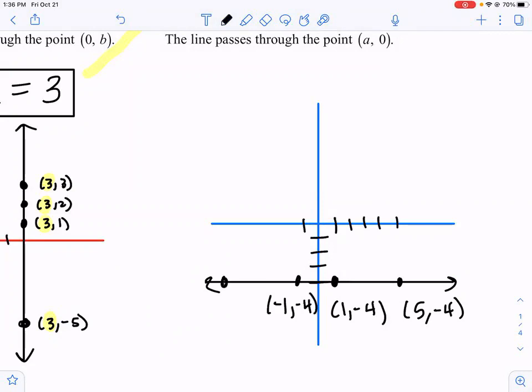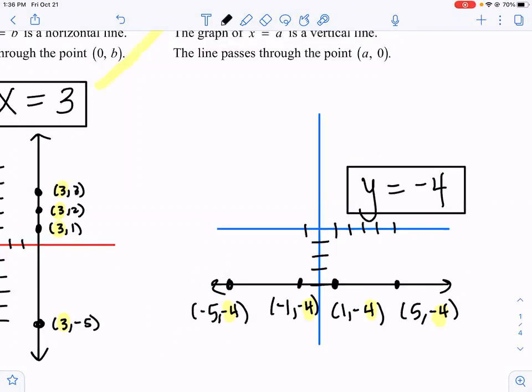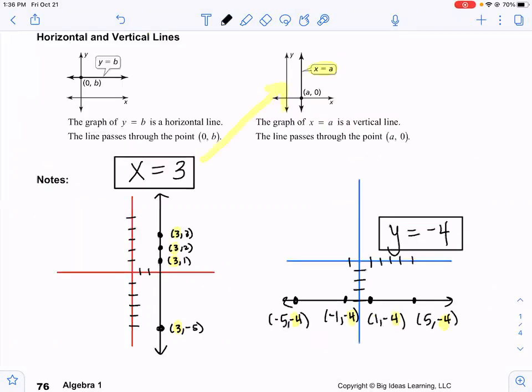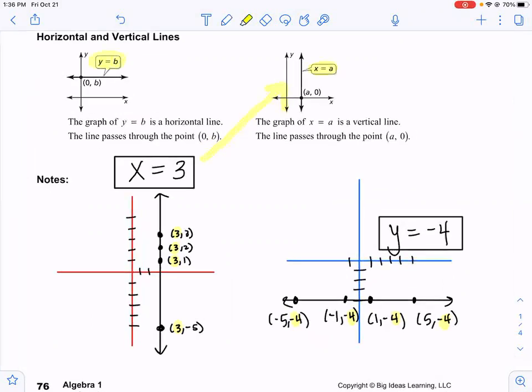No matter what coordinate I pick, what's going to be true? The y is always going to have the same value. Whenever we have a horizontal line, the y is always going to be the same. So the equation of a horizontal line is going to be y equals some number.